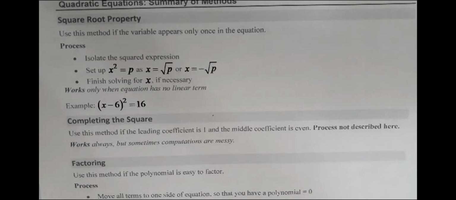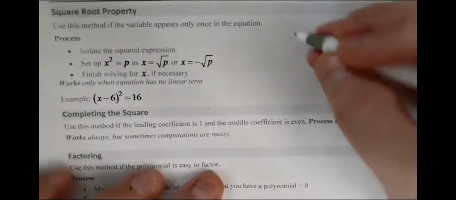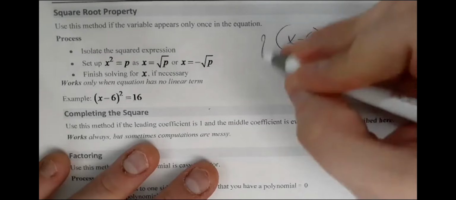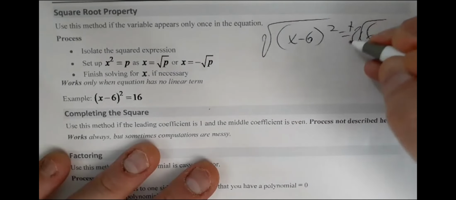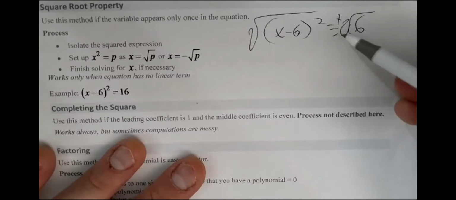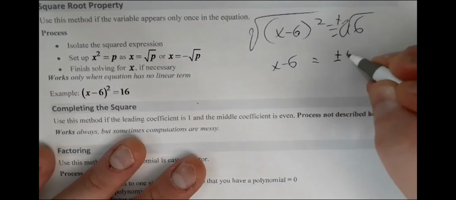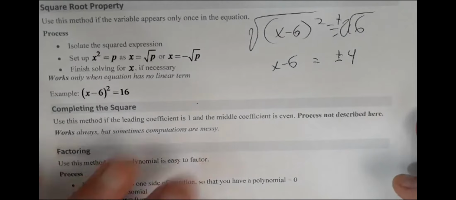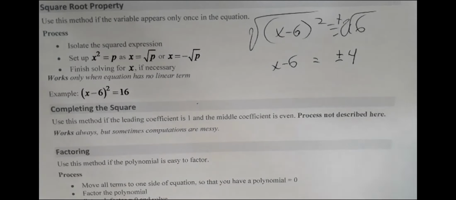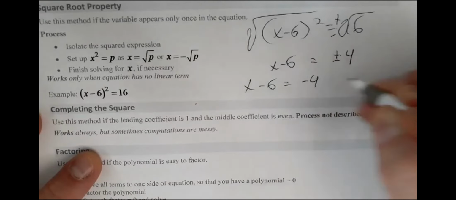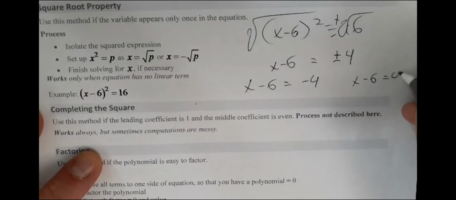If x minus 6 squared is equal to 16, what we can do is square root both sides of x minus 6 squared. Two options, either x minus 6 is a minus 4 or x minus 6 is a positive 4.